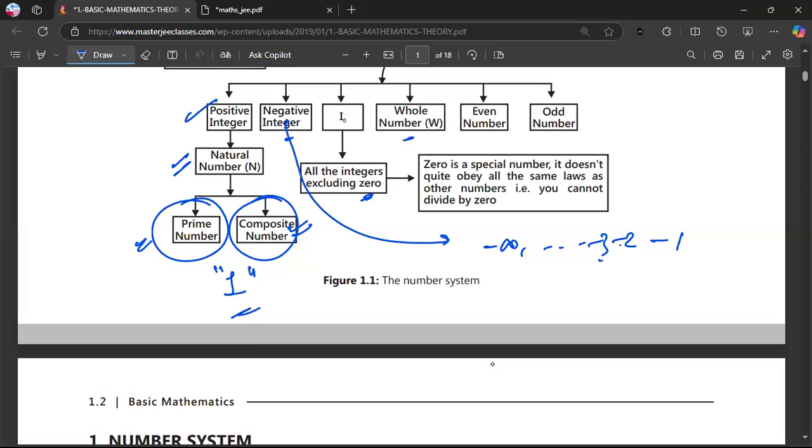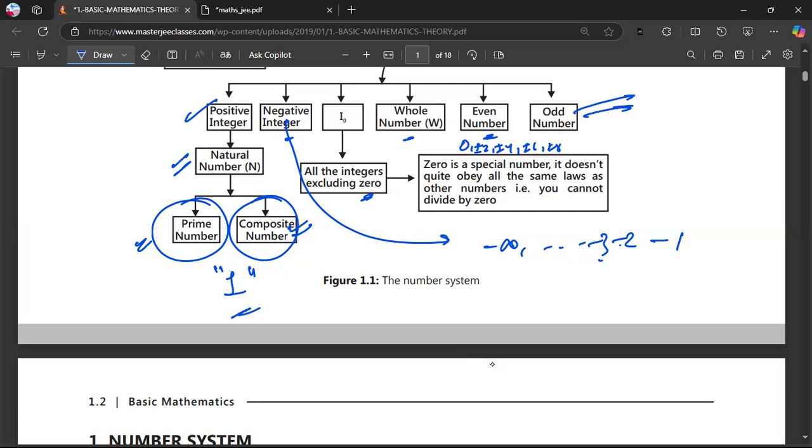Whole numbers are natural numbers including 0. Even numbers are the numbers which can be divided into two parts, like 0, plus minus 2, plus minus 4, plus minus 6, plus minus 8. Odd numbers are not completely divisible by 2. When we are discussing odd integers, we'll write plus minus.